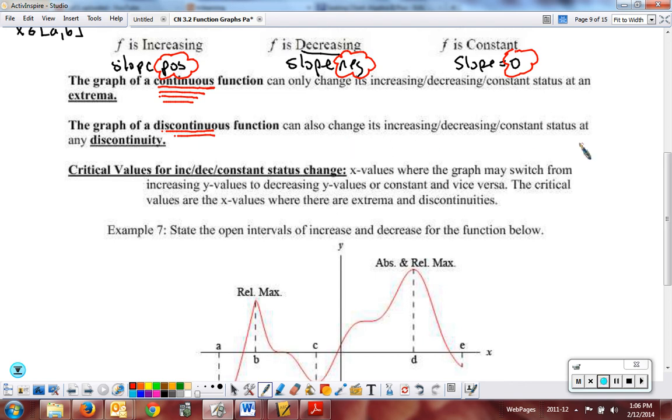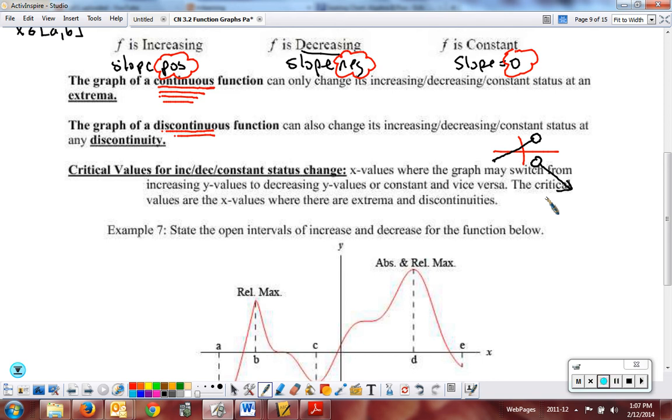As a simple example, if I have a graph that increases, has a hole, jumps down to here, has a hole, and then goes off in this direction, notice there is no relative extrema here. There's no global max, there's no global min. There actually is no extrema on this graph. However, it did change from increasing to decreasing because there was this jump. The behavior can change at a discontinuity.